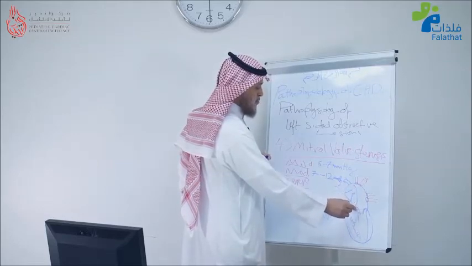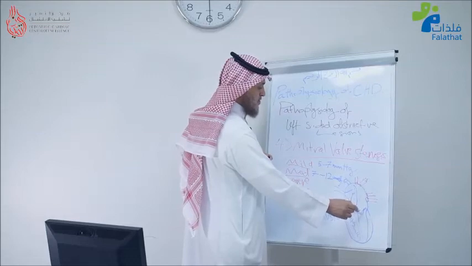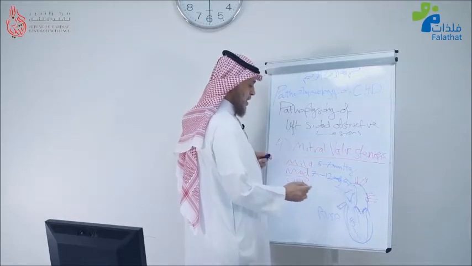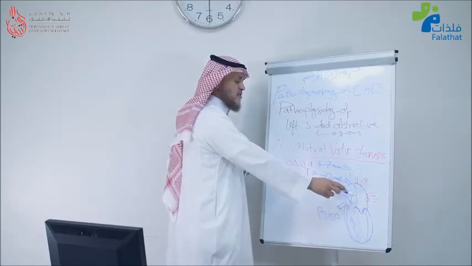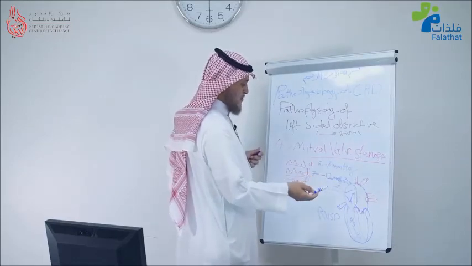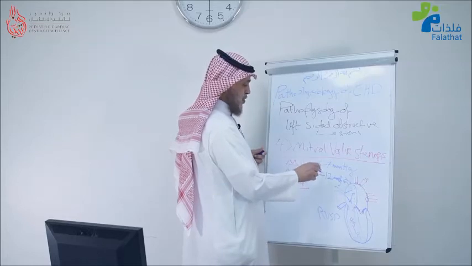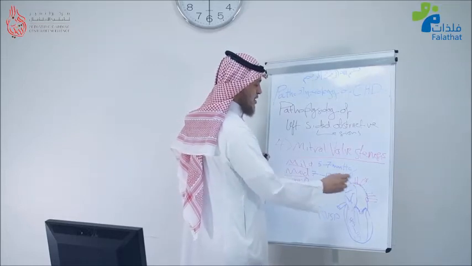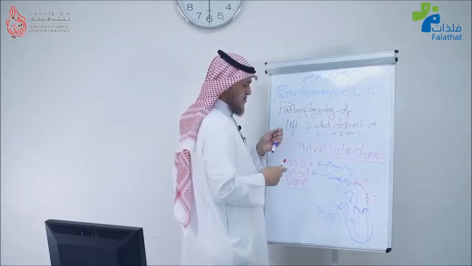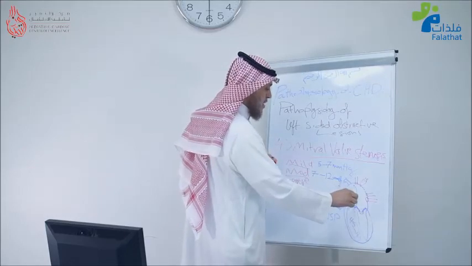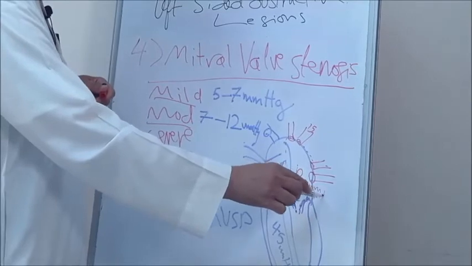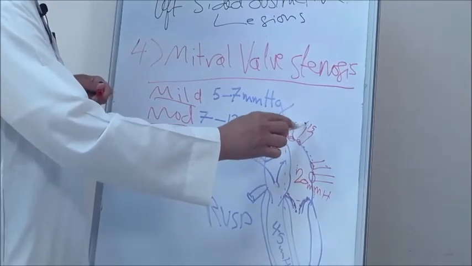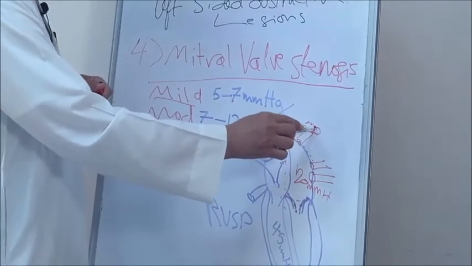Now the mitral valve is more stenotic, as you could see. If we said that the left atrial pressure was 8 in a normal person plus 12, then now the pressure in the left atrium is 20 millimeter mercury, and obviously in the veins it will also be another 20.